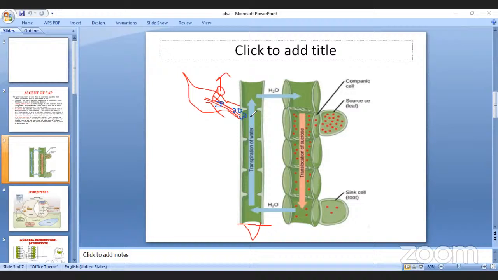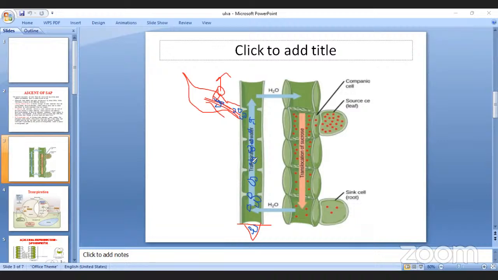This water molecule column is formed up to the leaf. We don't have enough time, so just understand, I draw only a few water molecules: water molecule, water molecule, from the root to shoot to leaf. For example, from the leaf to root there are 1,000 water molecules.